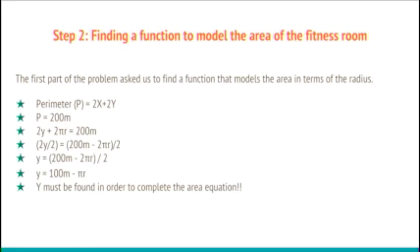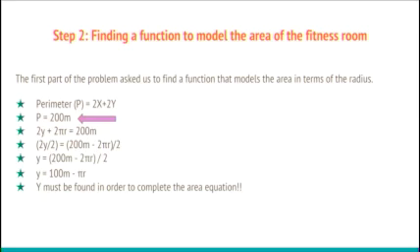Now, the first part of the equation asks us to find a function that models area in terms of radius. To do this, we will find y in order to complete the equation. We will start out with the equation of 2x plus 2y is equal to the perimeter. Then, because we know the perimeter is 200, we will replace the perimeter in the equation with 200, and we will replace the x with 2r.